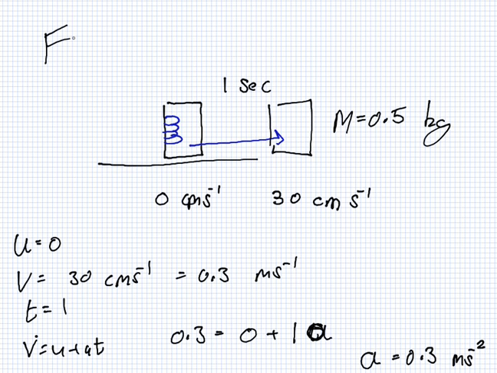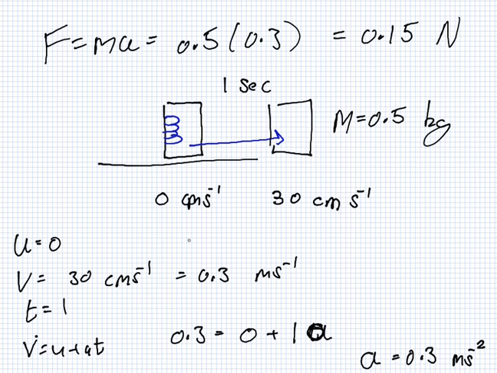So F equals MA, which equals 0.5 times 0.3, which is 0.15 newtons. So that's how much force he applied for 1 second. For 1 second he applied 0.15 newtons of force, which is not much at all.